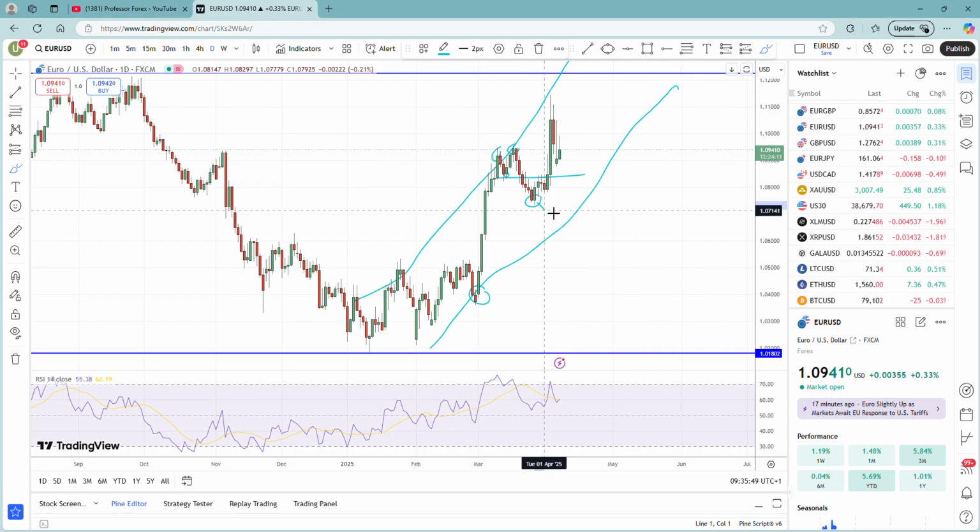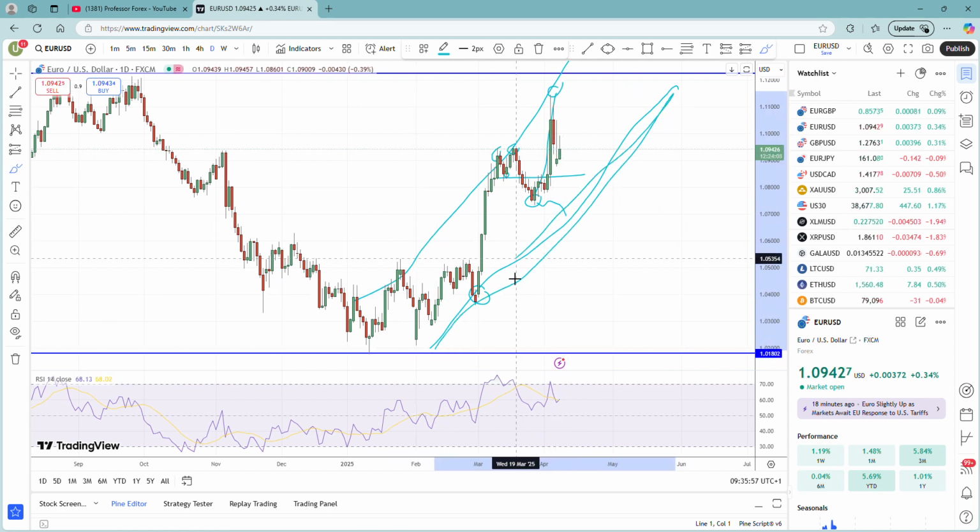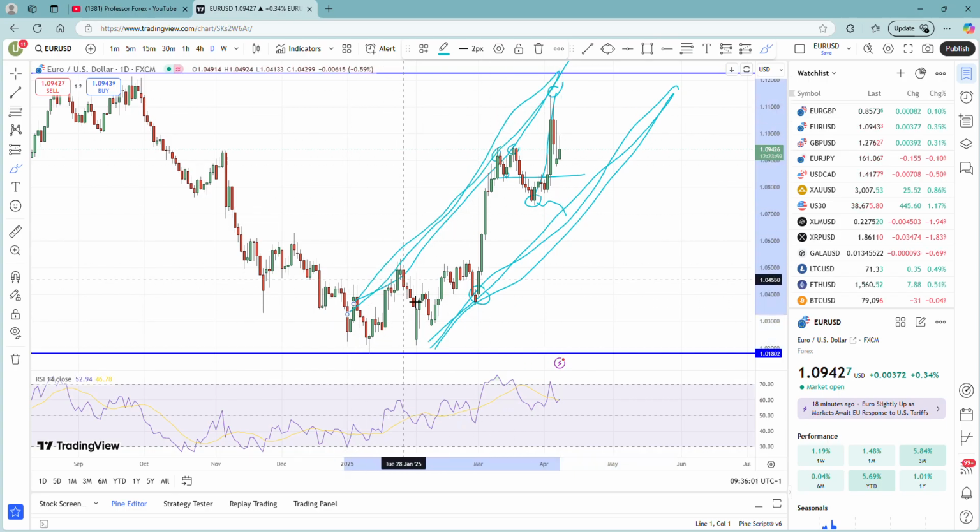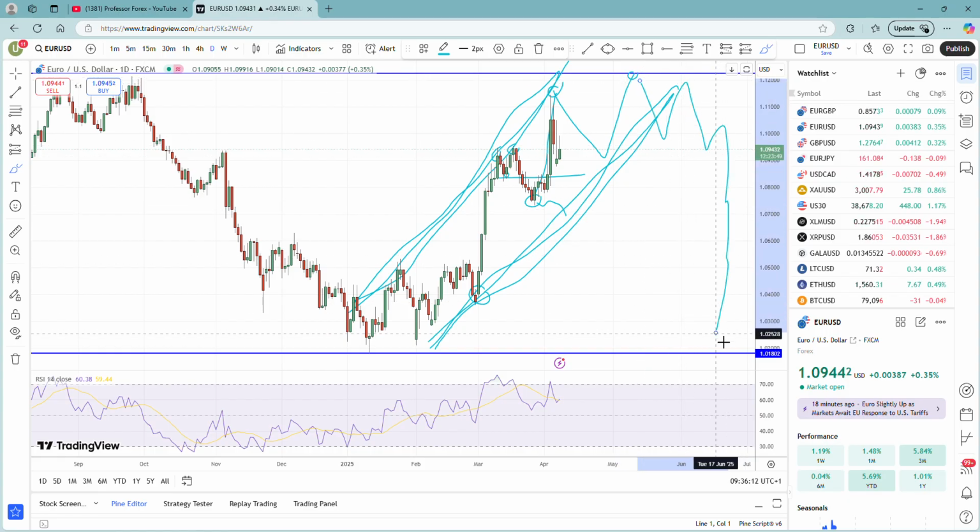Price could potentially go down from here. However, it then went back up and made another higher high. Can you see every time it's respecting these trend levels as well? So you can see it's an uptrend. As you can see from here, we expect it to go here, make a higher low, higher high here, and then from here we'd probably expect it to go down to this level.